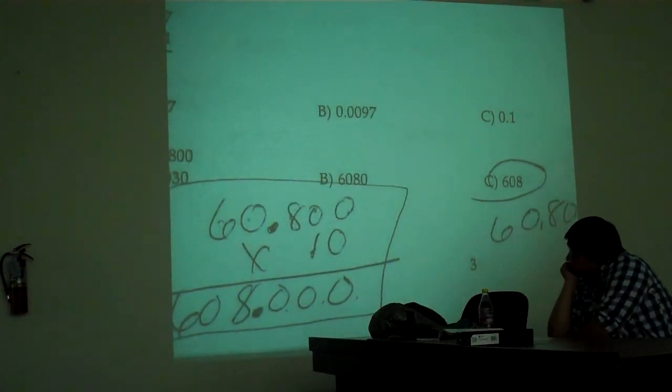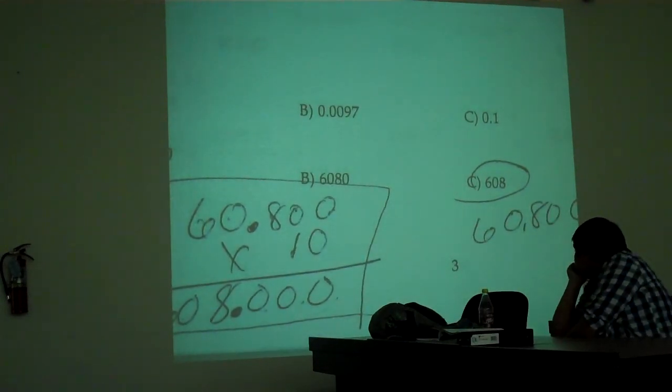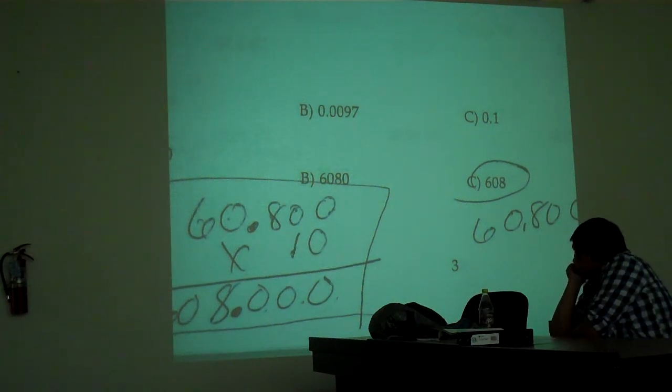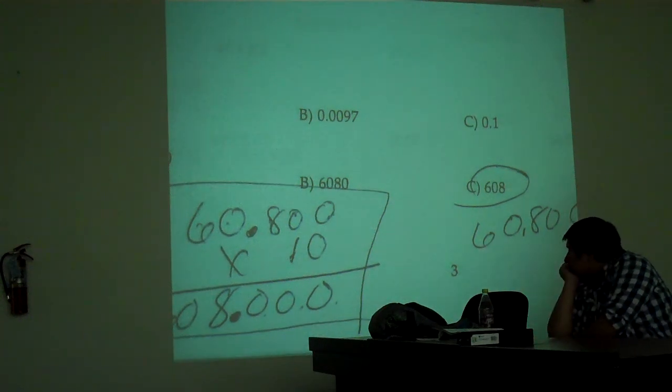Or 60.800 times 10. If you're timesing it by 10, you know you'll either be adding a 0 if there's no decimal showing. If there is a decimal, you're going to move it to the right, the number of decimals there are. So we're going to move it to the right 1 time.